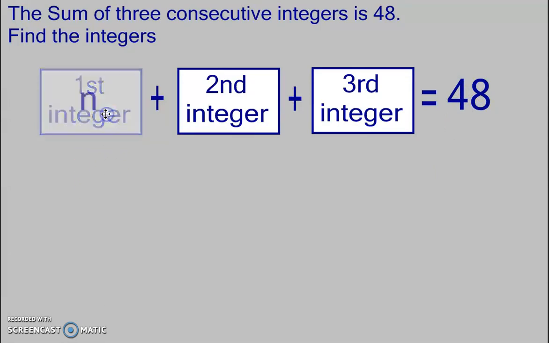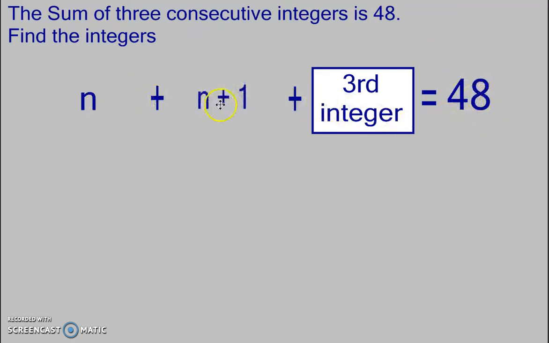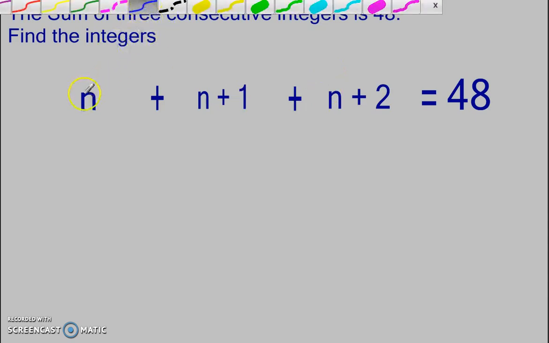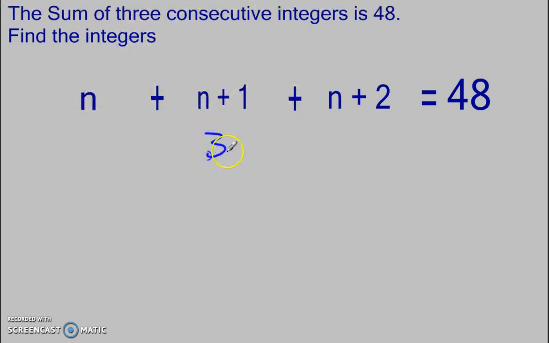So I have the first number, n, and then whatever that first number is, let's say it's 20, the next number would be 21. Obviously, that's not the case, but the next number is that first number plus 1. And then the third one is that first number plus 2. So then to solve this, I'm going to say that's 1, 2, 3 n, combined like terms, plus 1 plus 2, 3 equals 48.